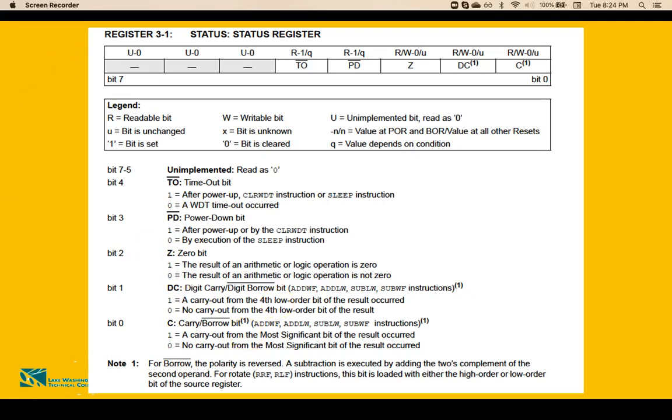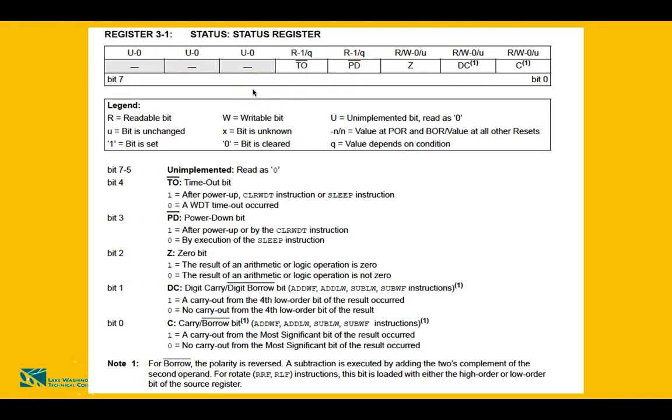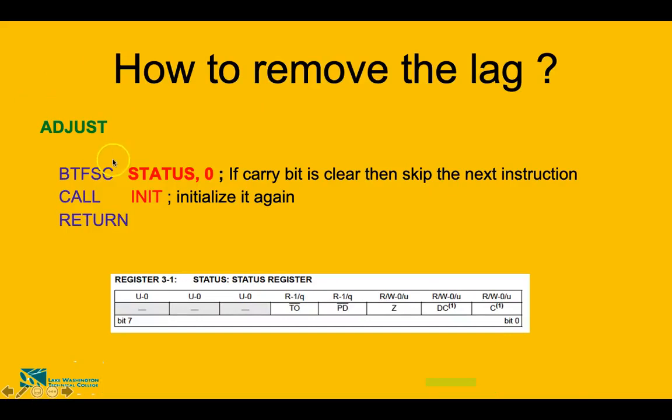All right. So I'll show you how you will be using this status register in the code. So let's see next. To remove the lag, you see here, this adjust is a label in the program. You remember we had a label named adjust, and in that adjust, we changed what we had previously to this BTFSC, bit test f skip if clear.